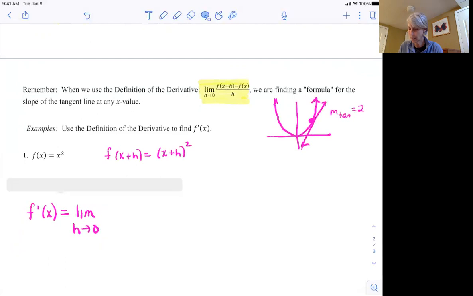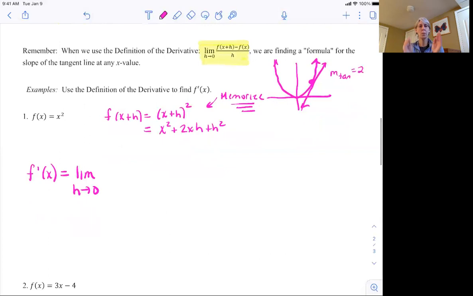Just going to give myself a tiny bit of room. So this is going to be x squared plus 2xh plus h squared. We need to memorize this. So I'm going to put f of x plus h, the result I got, in this spot.